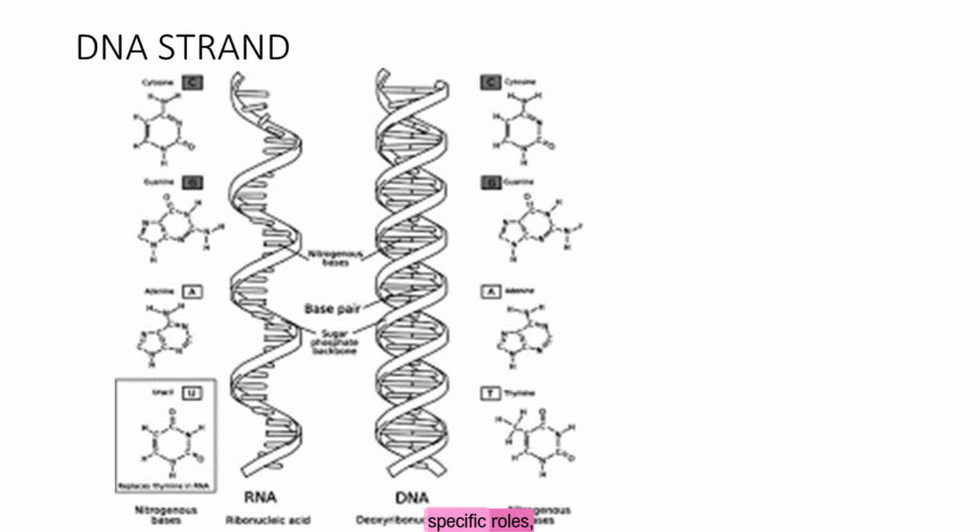Base pairing follows specific rules in such a way that adenine pairs with thymine and cytosine pairs with guanine. This structure allows DNA to store and pass genetic information accurately.